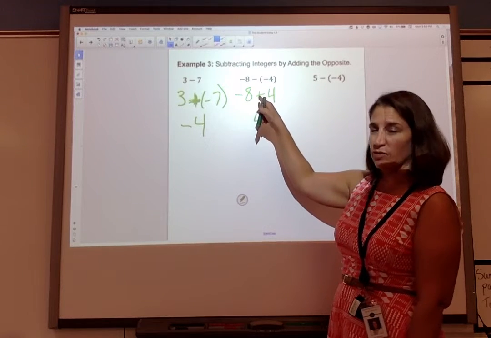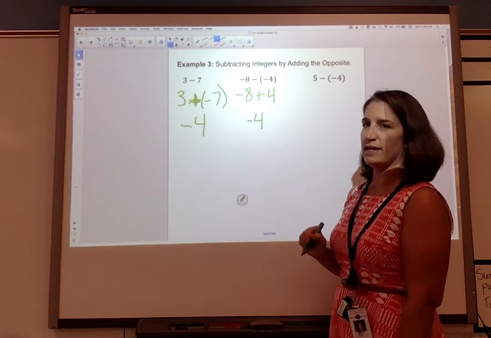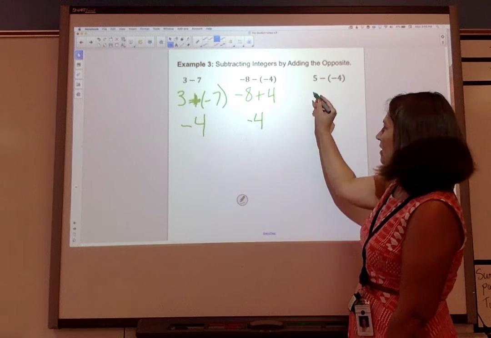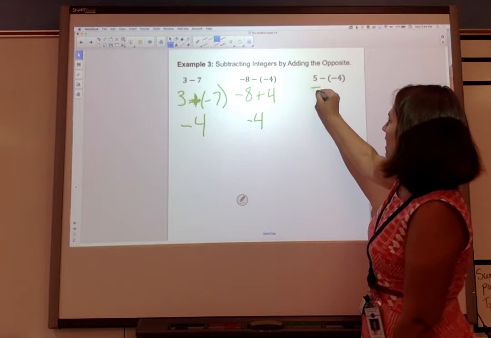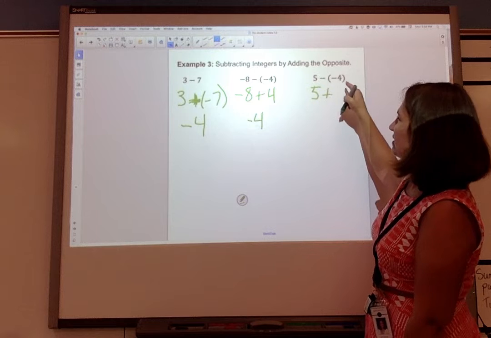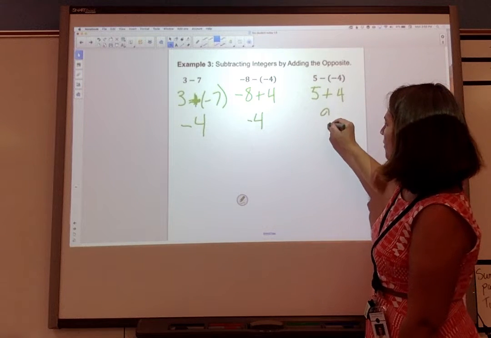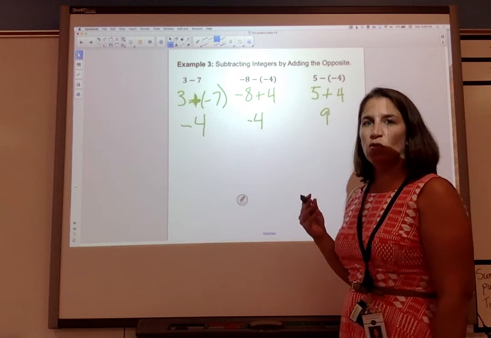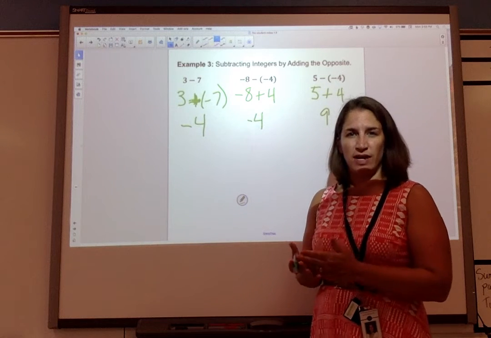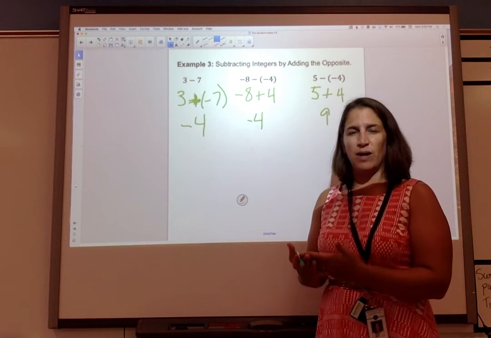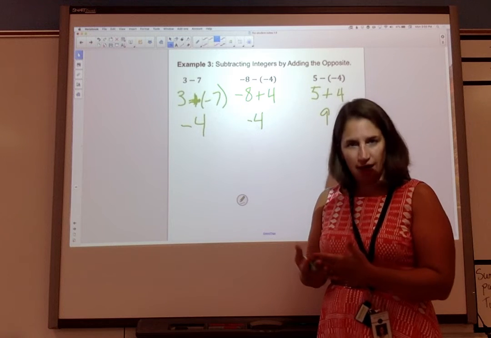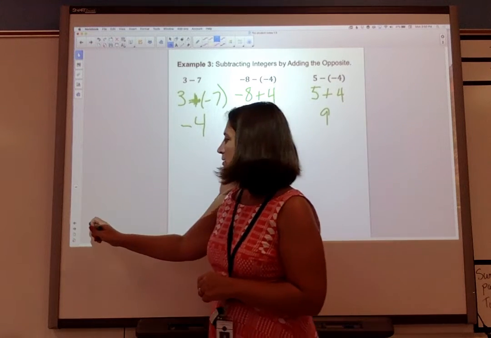The larger absolute value is negative, negative 4. This problem would change to 5 plus, instead of negative 4, positive 4, 5 plus 4, which is 9. So one way to deal with subtraction is to change it to an addition problem, but we have to add the opposite sign.